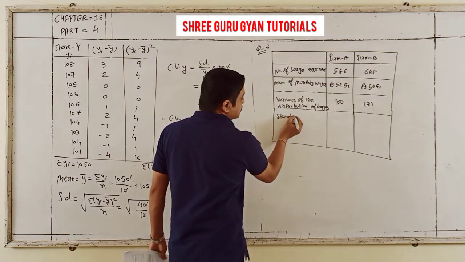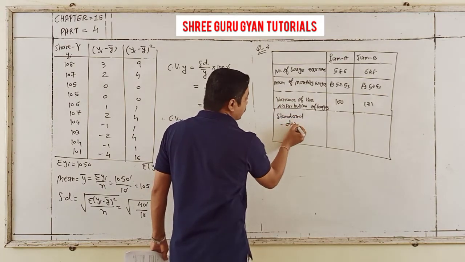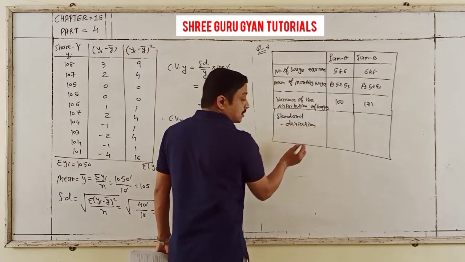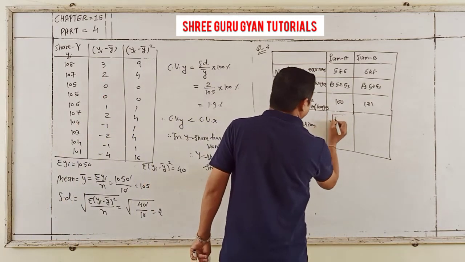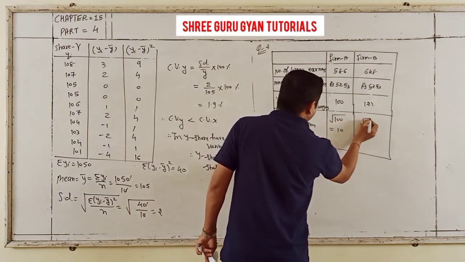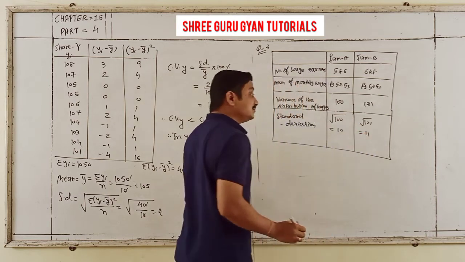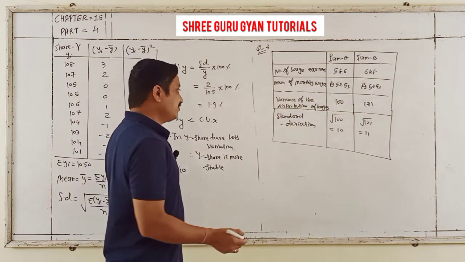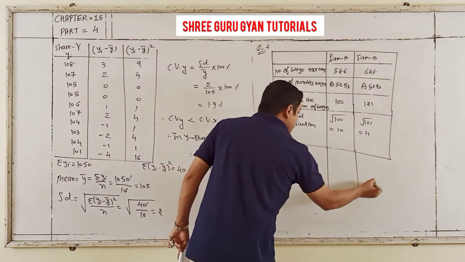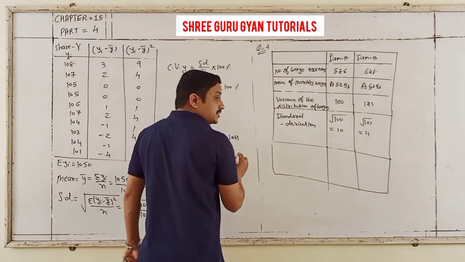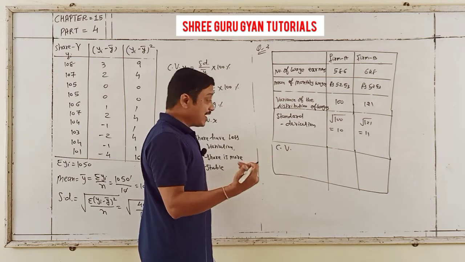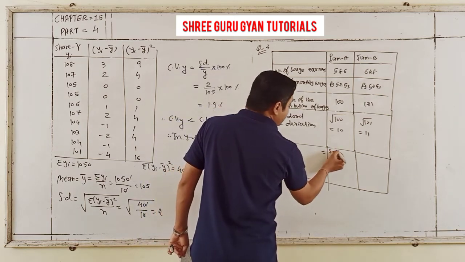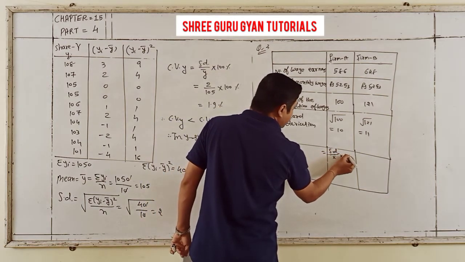Standard deviation means under root of the variance. So under root of 100 is 10, under root of 121 is 11, and last I define CV for firm A and firm B. CV is SD by X bar into 100%.